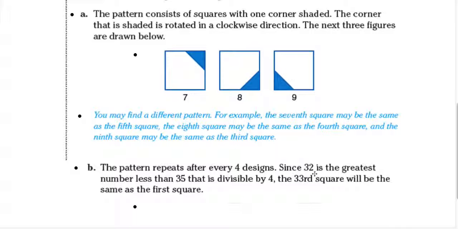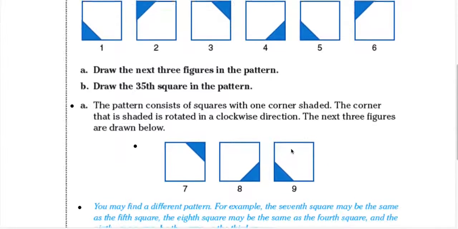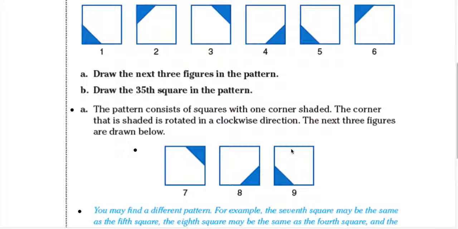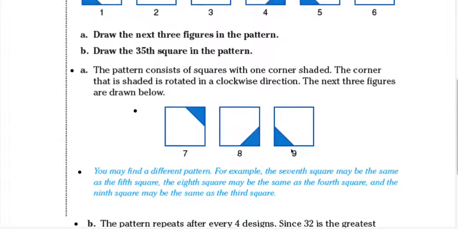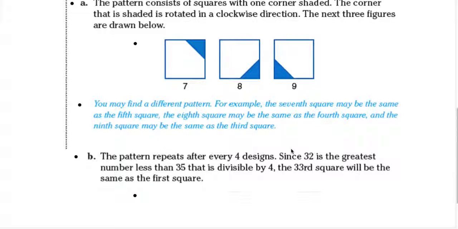If you now have 32, that means the 33rd square will be the same as the first square, because the 32nd square will be the same as the 4th square. So the 33rd square will be the first square. And that's how you analyze this.